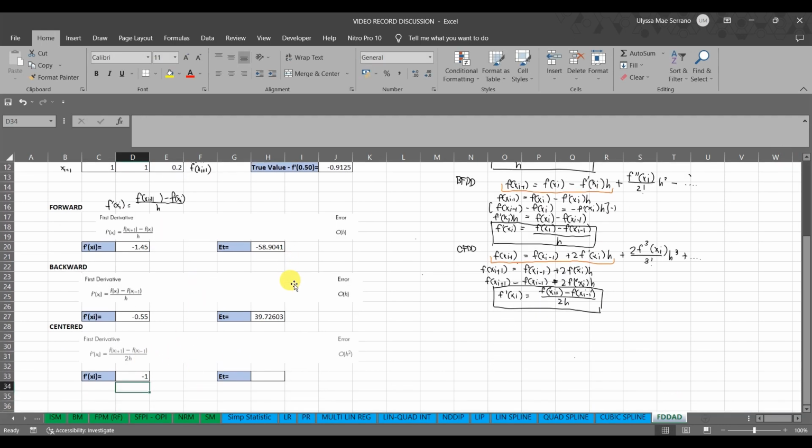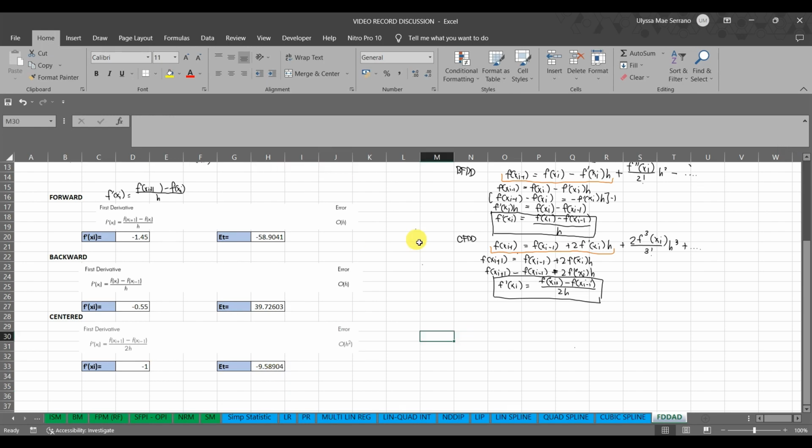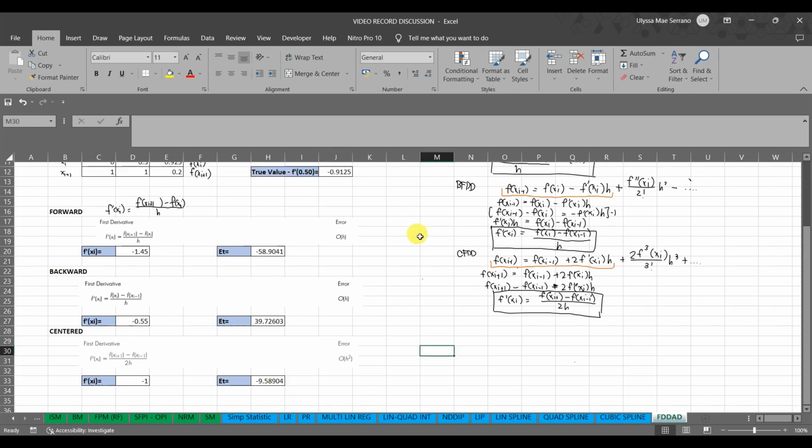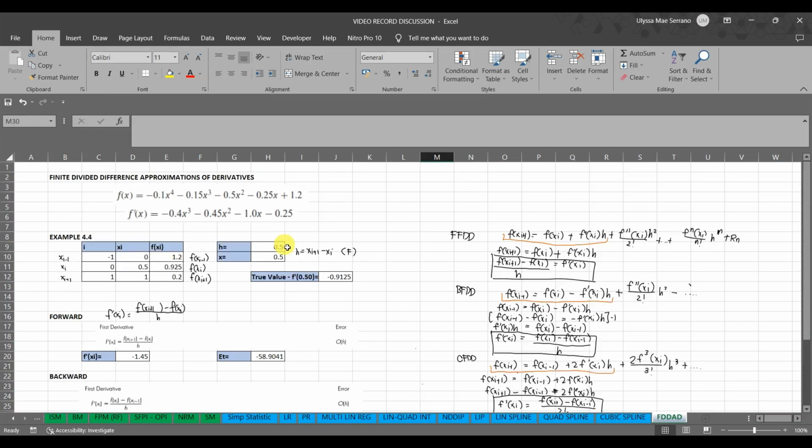So it will have a value of negative 1. And we will now be able to find the true percent relative error. So true value minus the approximated value all over true value multiplied by 100. So we will have the value of 9.59% relative error.